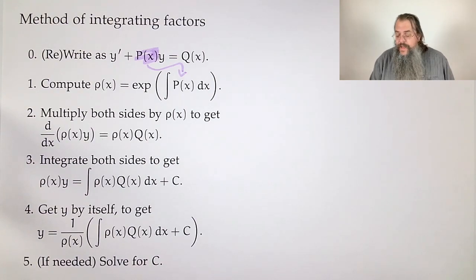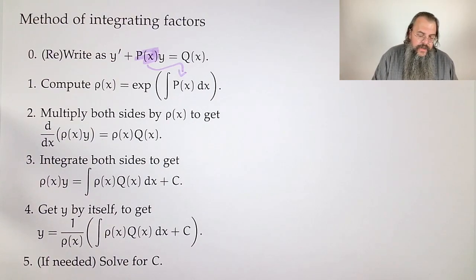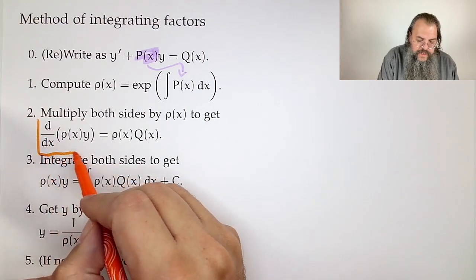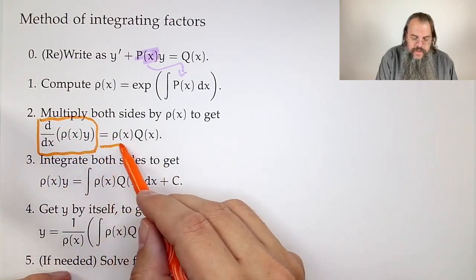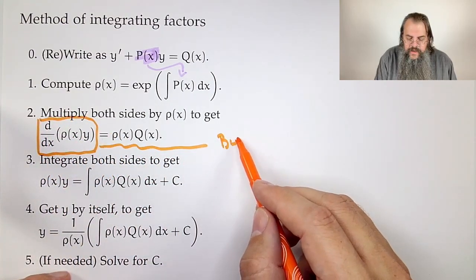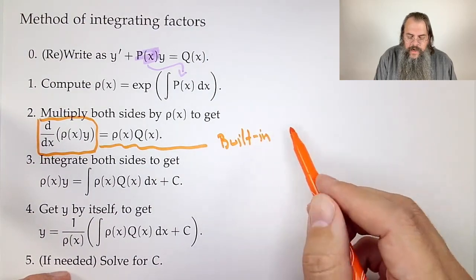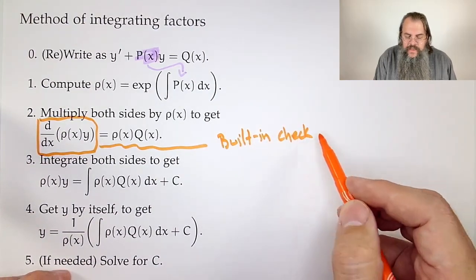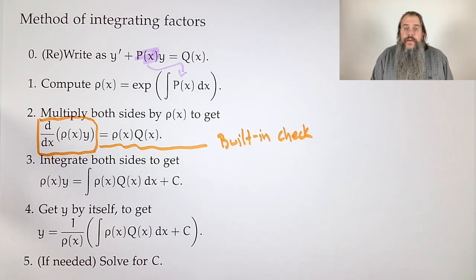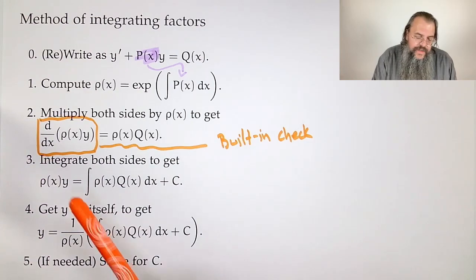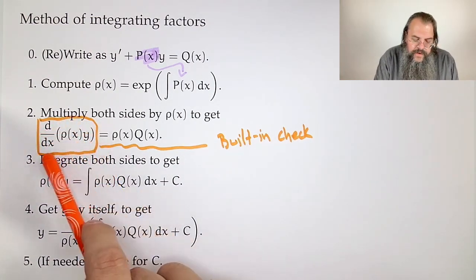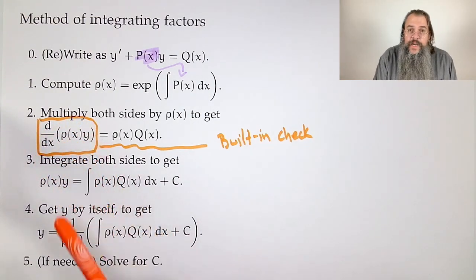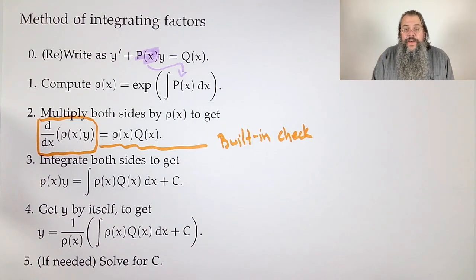On a side note, we should point out something really nice going on here: this has a built-in check. You might wonder, did I get the right integrating factor? The way you check it is to say, look, it is the right integrating factor if the derivative of this expression, the integrating factor times y, is that new left-hand side.